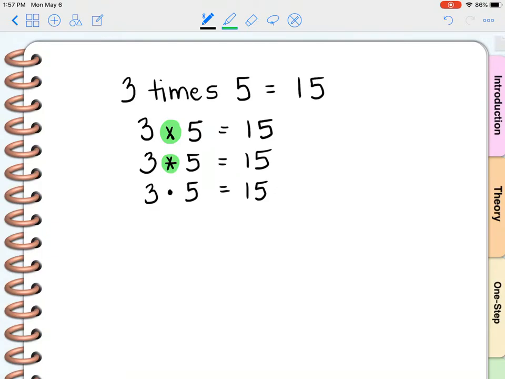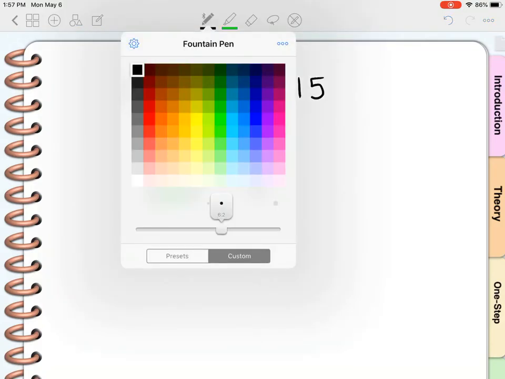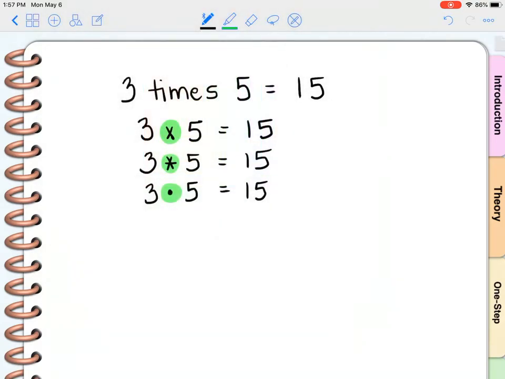That's 3 times 5. But you might be thinking, well, that looks like a decimal. If you're not careful and your handwriting gets sloppy, that could very easily be mistaken for a decimal, which we don't want to do. So then my teacher said, okay, let's do it this way. Let's say 3 times 5 is 15.